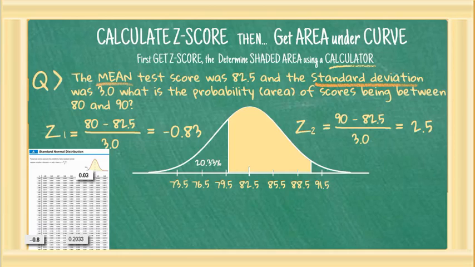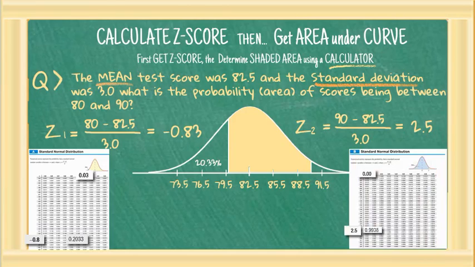All right. Now I need to know where is 2.5 deviations in terms of area underneath the bell curve. And I pull up from the book 2.50 and it puts me at 0.9938. Okay. That's the amount covered from all the way to the left over to 2.5 deviations. All right.